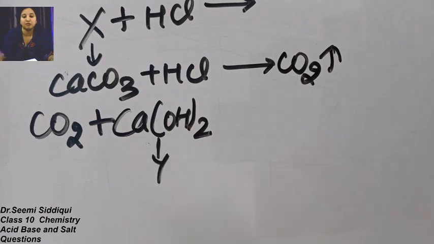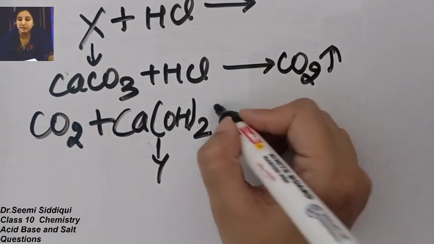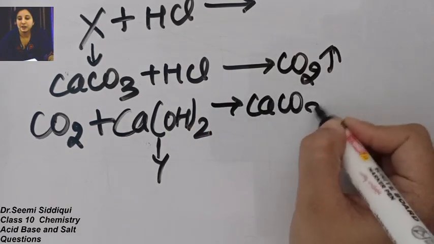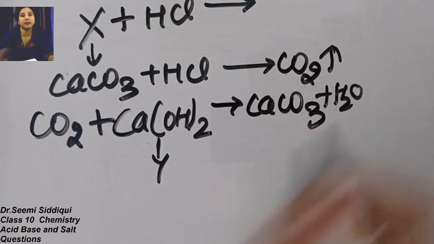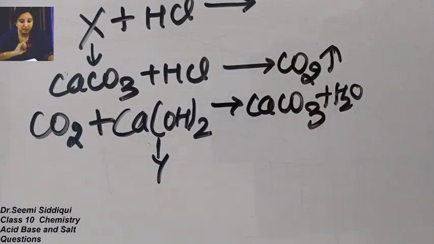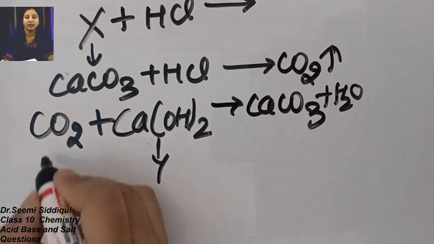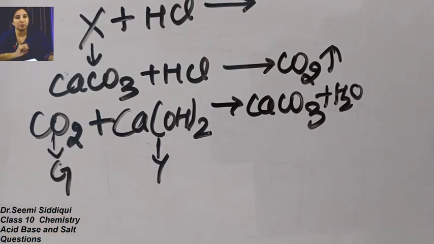This is your Y. It gives you calcium carbonate back again, isn't it? Now what is it saying? It is saying on the other hand a gas G. Now the gas G, your G is CO2, isn't it?